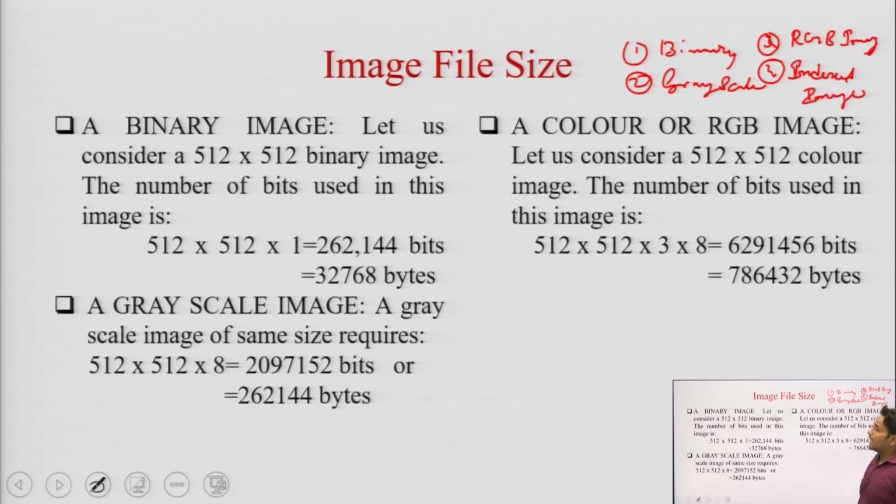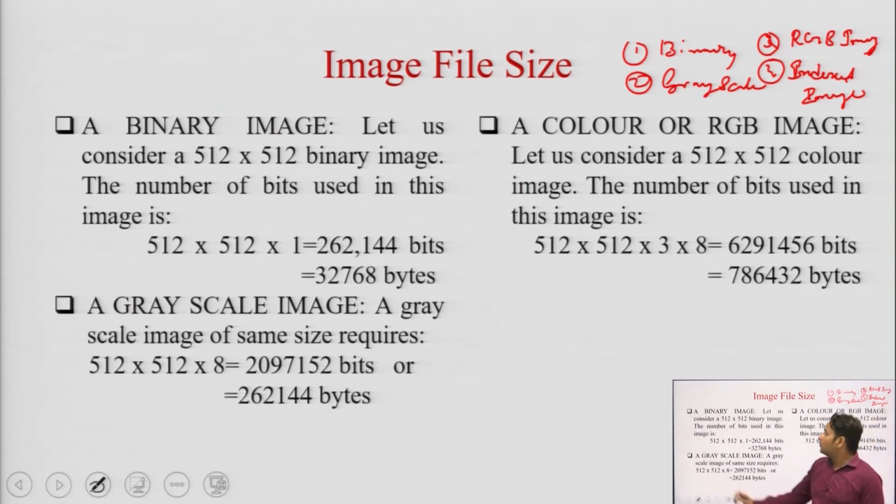These kinds of images we have talked about, but how can we find out the size of these entire images, and these images also have different kinds of standards, that is known as file format.